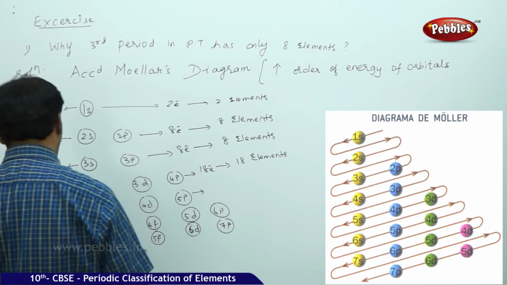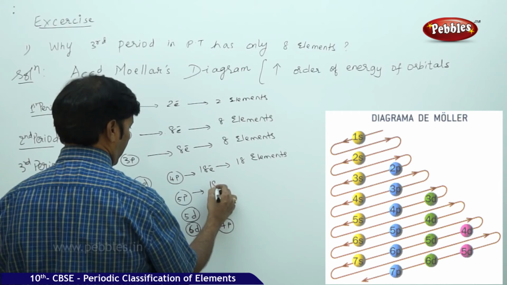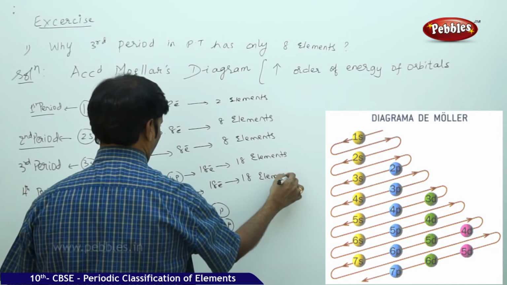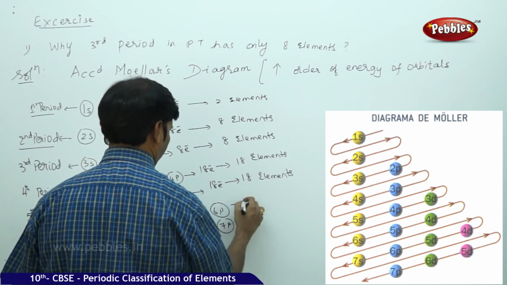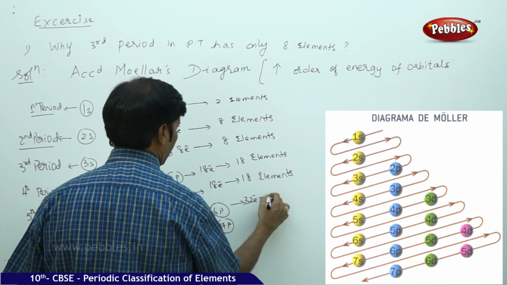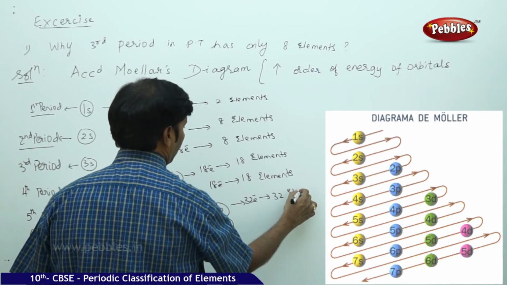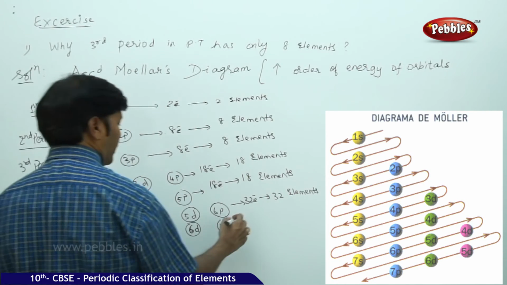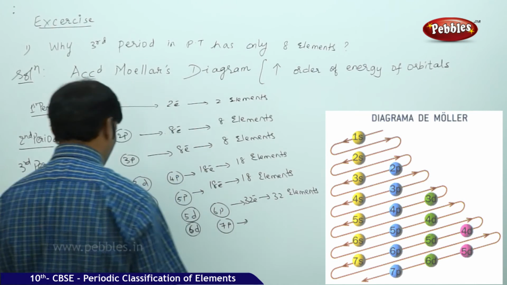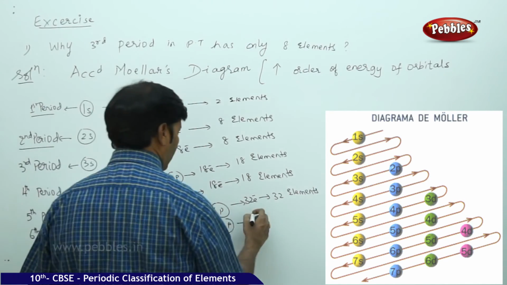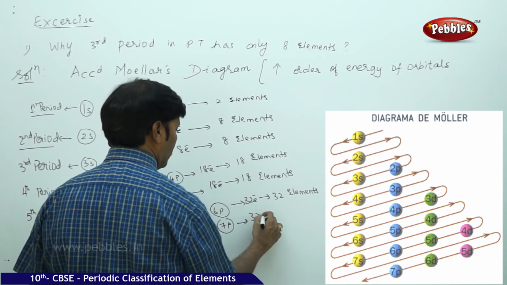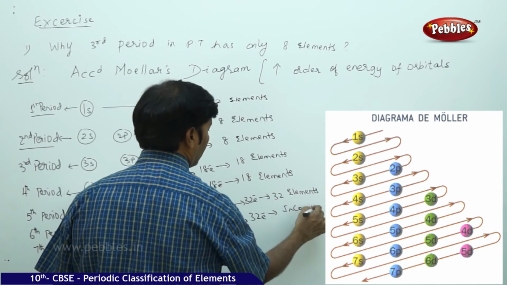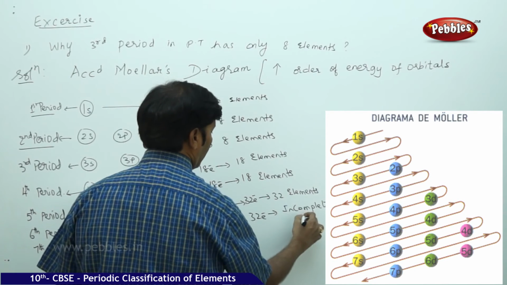Fifth period again 18 electrons with the 18 elements, sixth period 32 electrons with the 32 elements, and of course seventh period also 32 electrons, but with the incomplete elements.